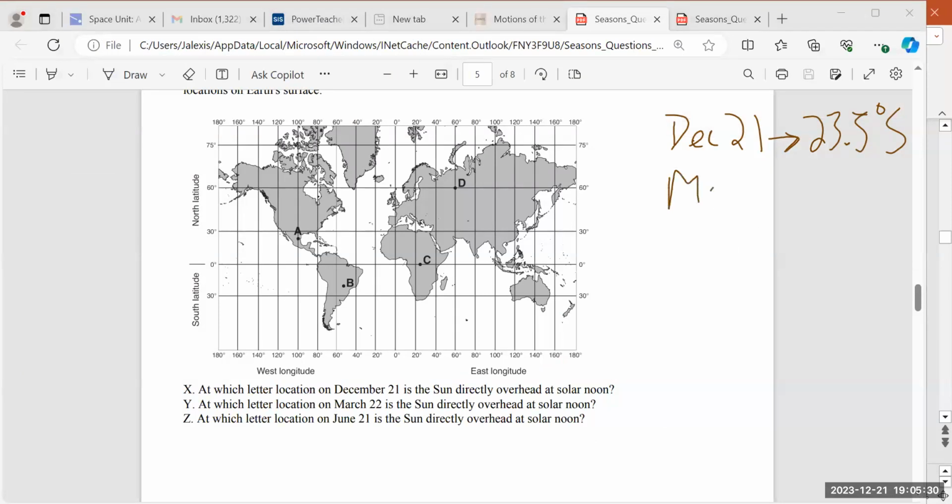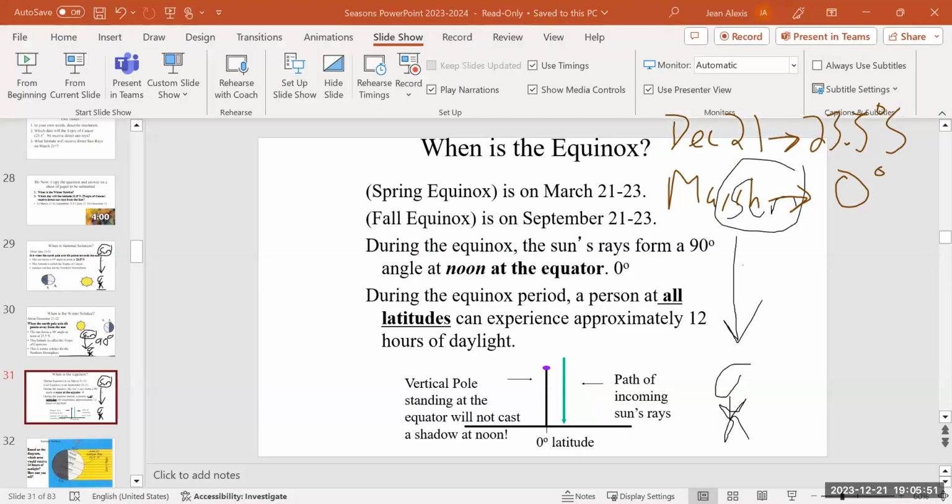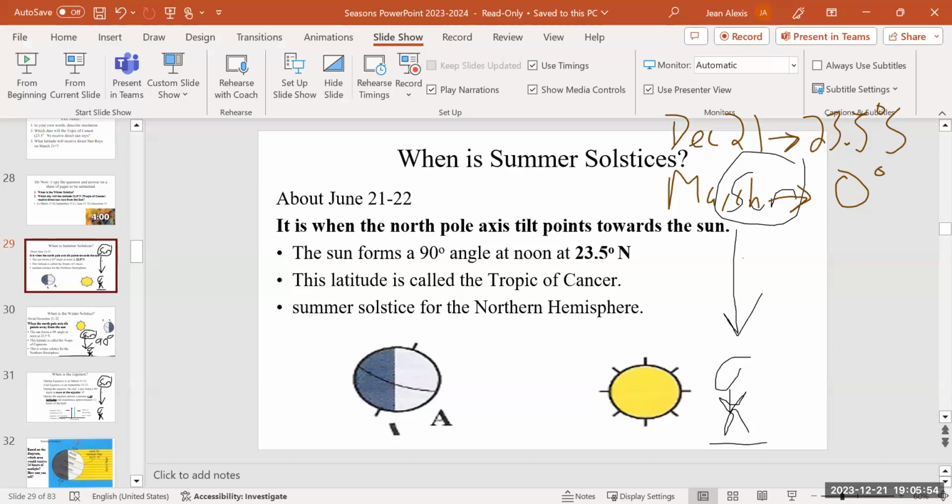On March 22nd, the latitude where the sun is directly overhead is 0 degrees, the equator. Now let's look at Z. At which letter location on June 21st is the sun directly overhead at solar noon? As we said right here, on June 22nd or June 21st, the sun forms a 90-degree angle at noon at 23.5 degrees north.